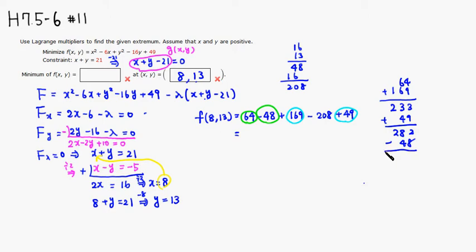Then let's subtract 208, so that will be 26. Alright, so let's type it in.